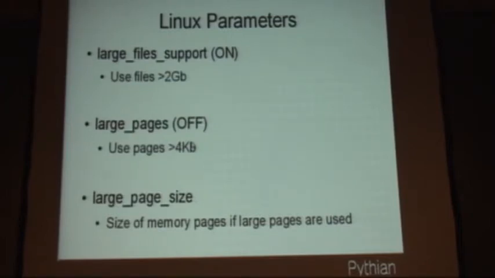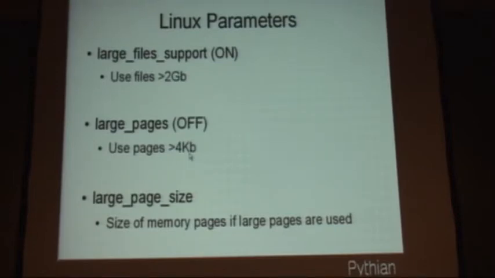So Linux parameters, since most people are using Linux. There's large file support, which is set to on, which basically allows files larger than 2 gigabytes. That's probably important if you have a database in 2010. Large pages is off, which is using memory pages greater than 4 kilobytes.